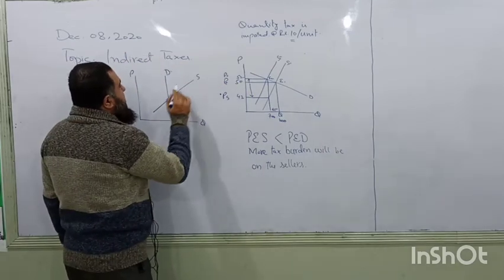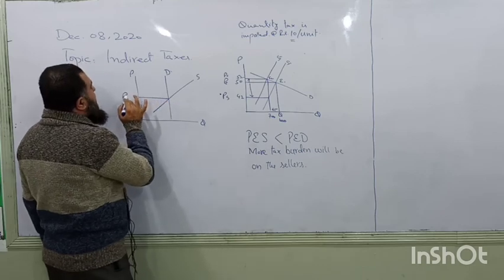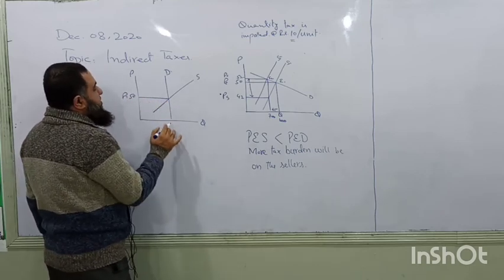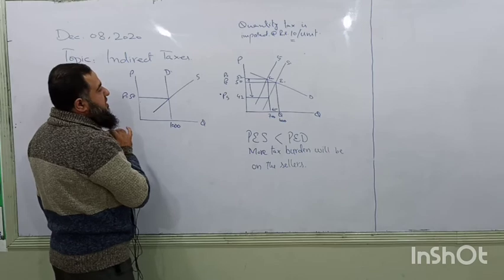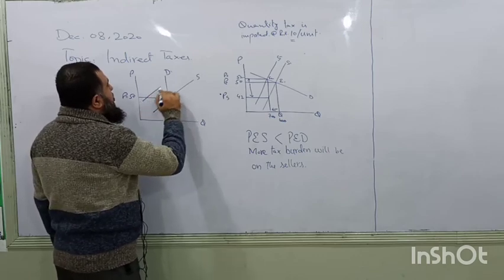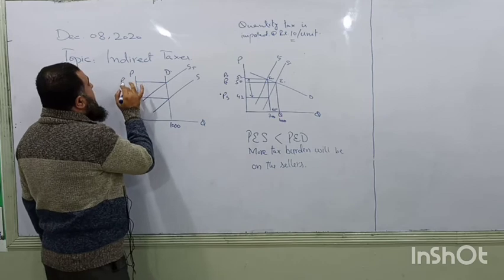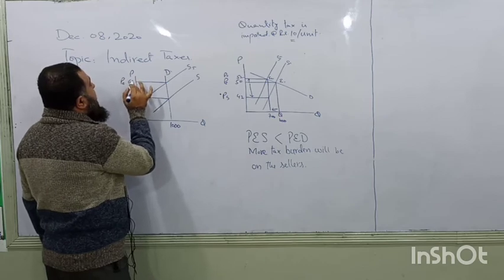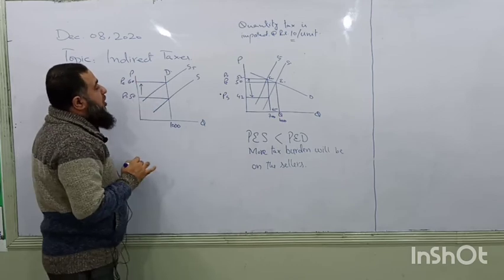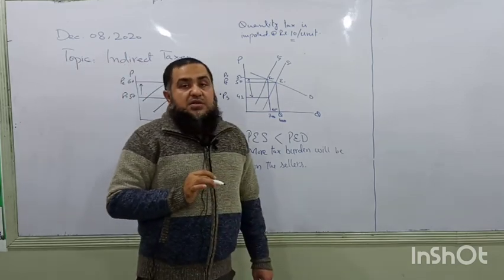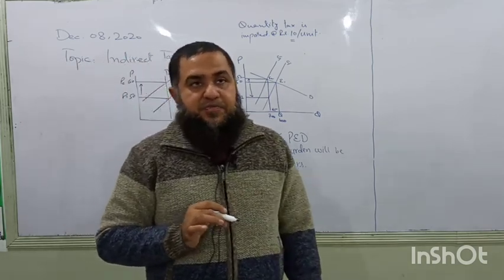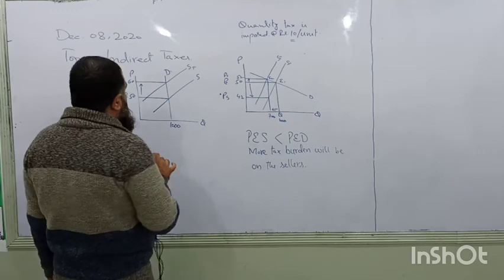This is the before tax equilibrium. Say 50 rupees is the price, 1000 units are traded. Now when tax is imposed, the consumer will bear all the burden of the tax. The price will be inclusive of all the tax because demand is perfectly inelastic.